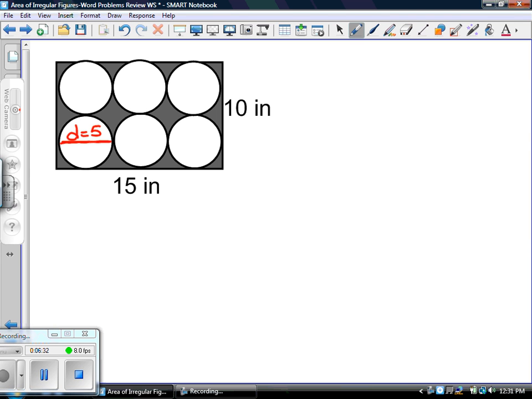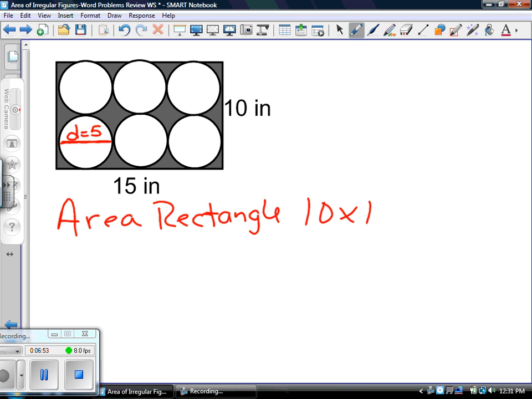Now, this is a situation where we're not trying to find the area of the whole thing like we did before. In this case, we're trying to find the area of the shaded. So what we need to do is find the area of the entire figure, or the area of the rectangle. That's going to be 10 times 15, which is 150.